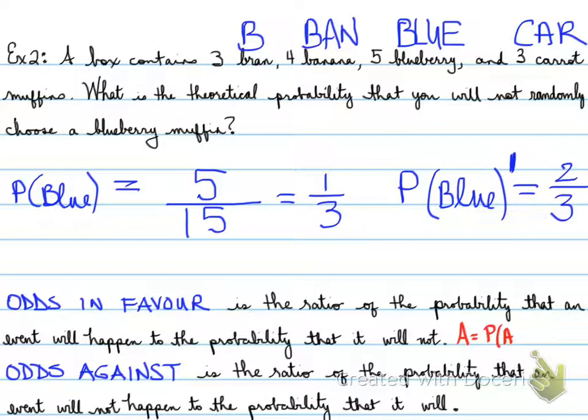So, odds in favor is the probability of it happening to the probability of its complement. Odds against means I'm looking for the probability of the complement, colon, probability of it actually happening. So be very careful when I'm asking for odds in favor and odds against.